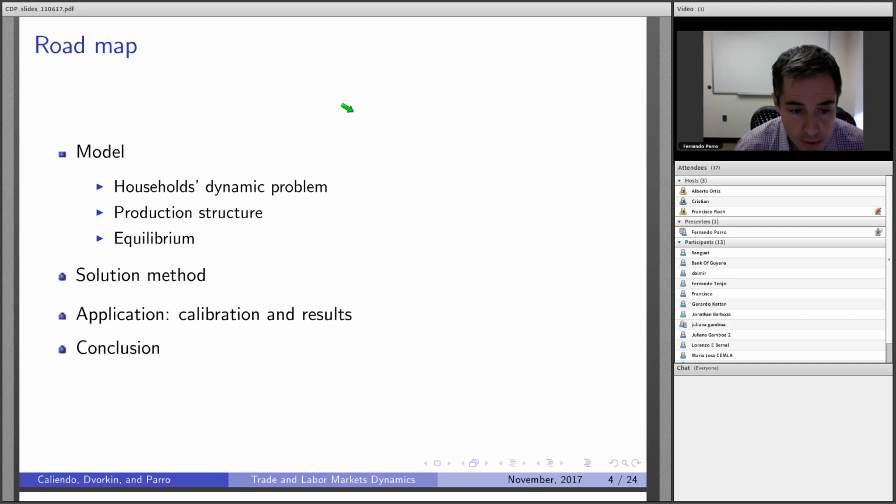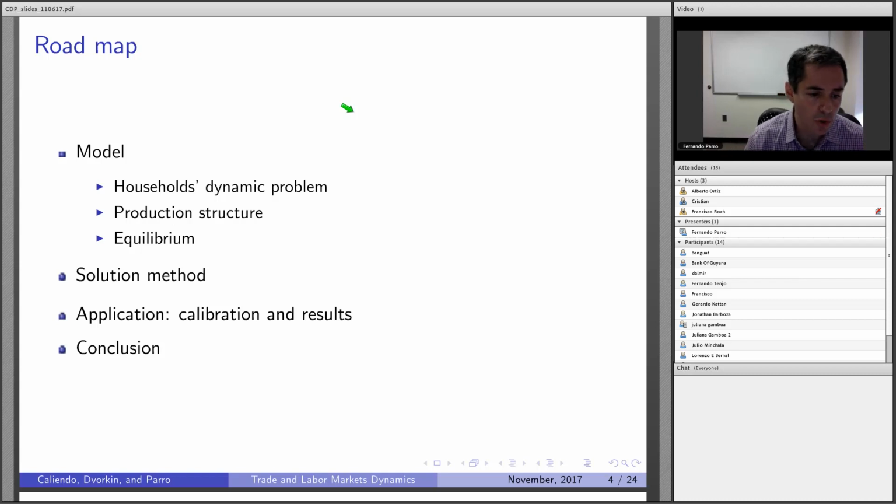So the plan for the rest of the talk is, first, I'm going to go over the model. The model has two main building blocks. First, I'm going to describe the household dynamic problem. Then I'm going to describe the production structure. And finally, I'm going to show you how we define the equilibrium of the model.